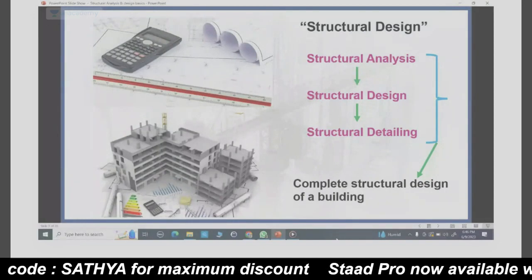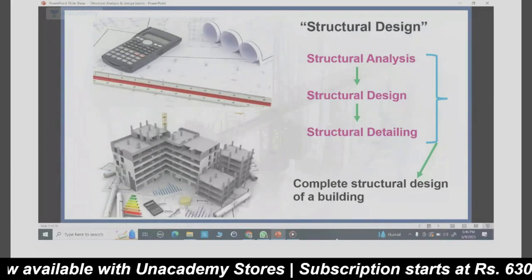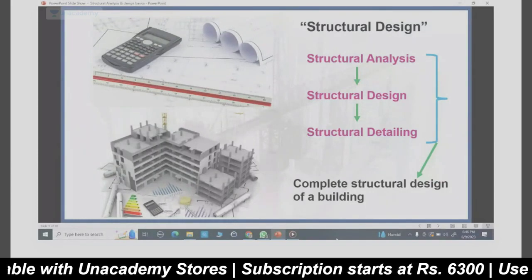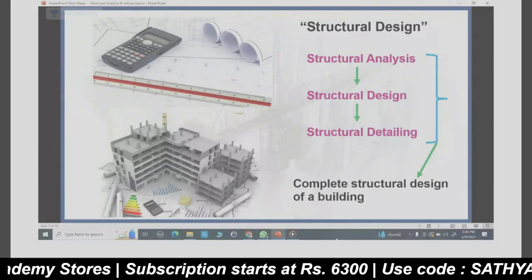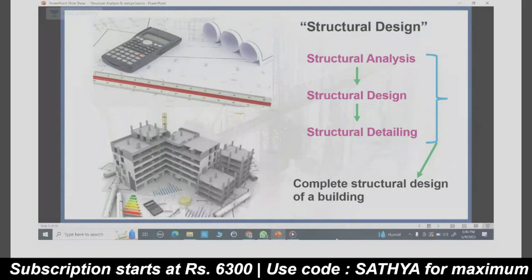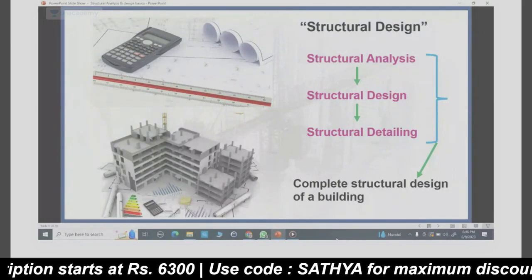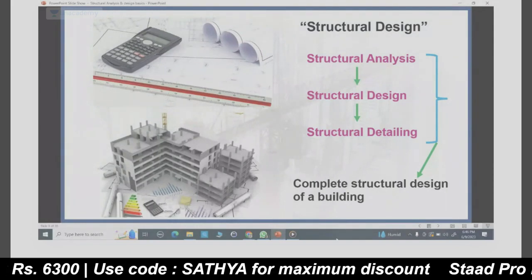Similarly, for civil engineers, drawing is the medium of communication to understand what it says clearly. So drawing, not only for structural engineers, as a civil engineer, site supervisor, even the labor has to understand the drawing so that he can execute properly in the site.